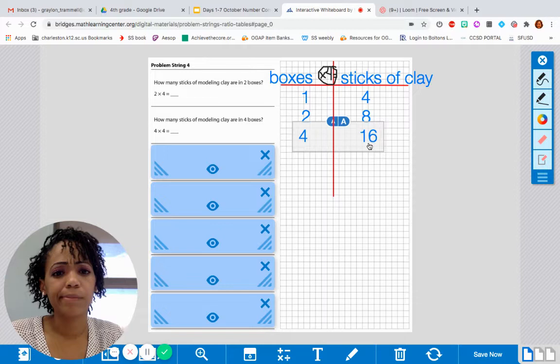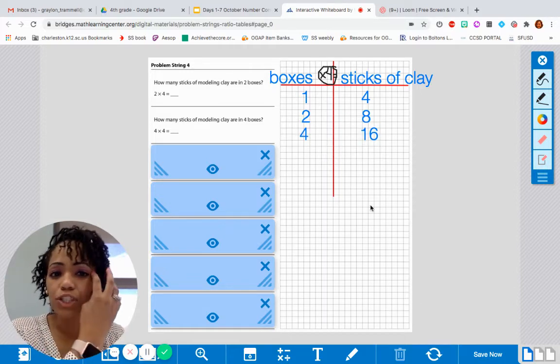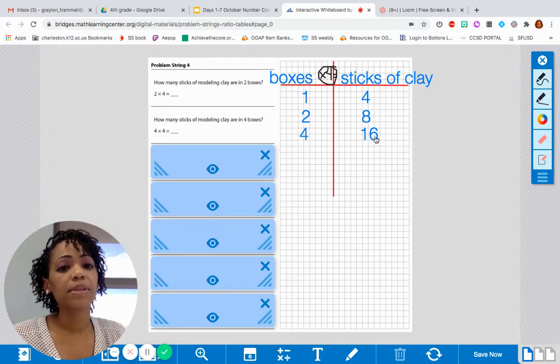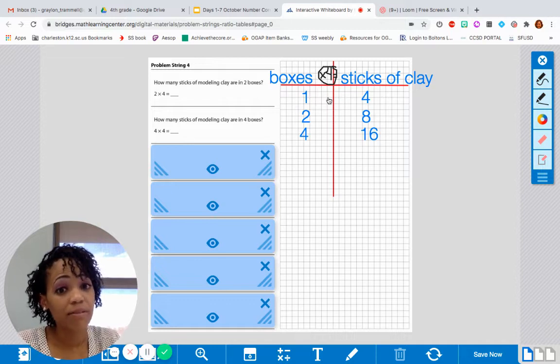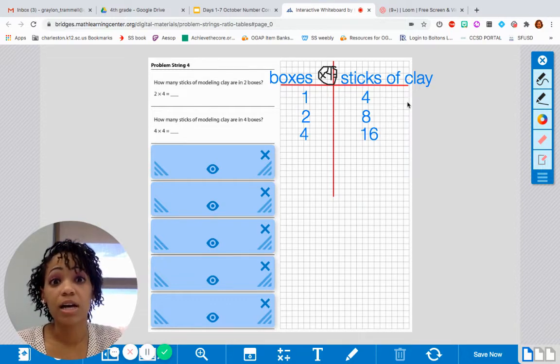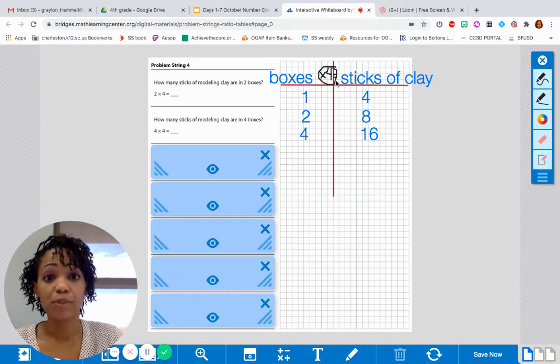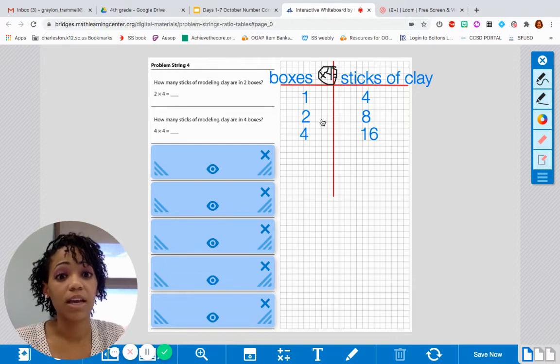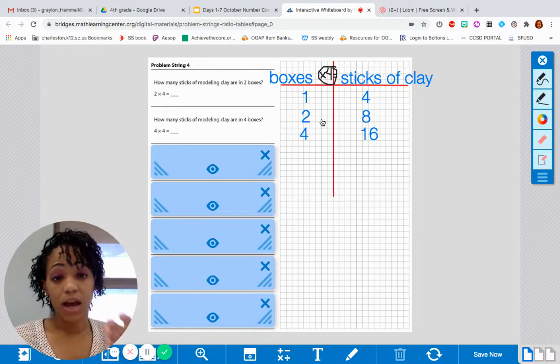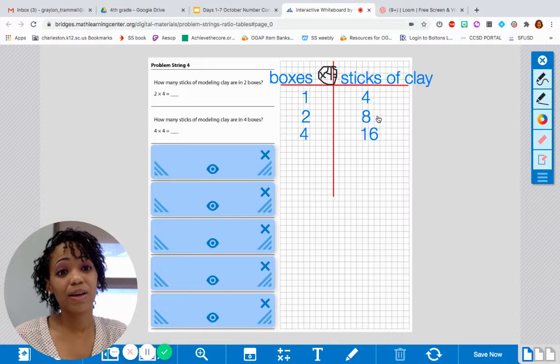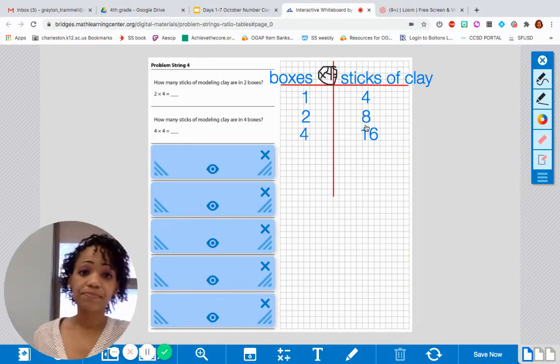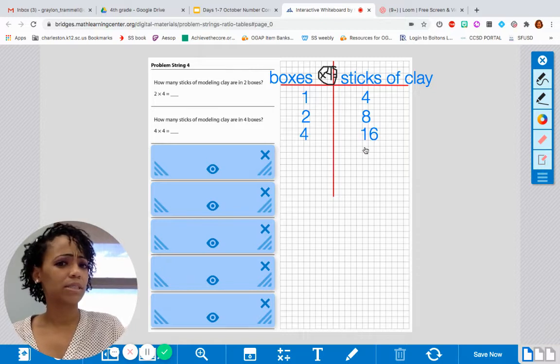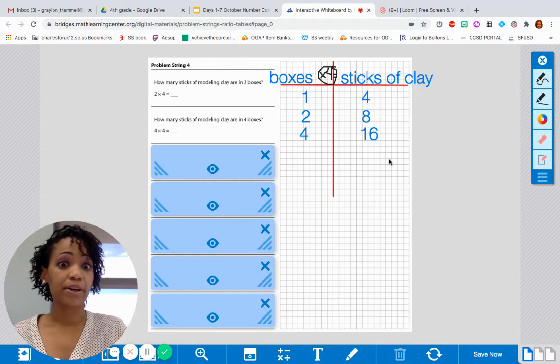Let me give you a hint. We talked about the relationship between the numbers that are horizontal. So it's boxes times 4 gives you the sticks of clay. However many boxes times 4 is always going to tell you how many sticks of clay because of the context of this problem. But then we want to look at the relationship of the numbers that are going vertically.